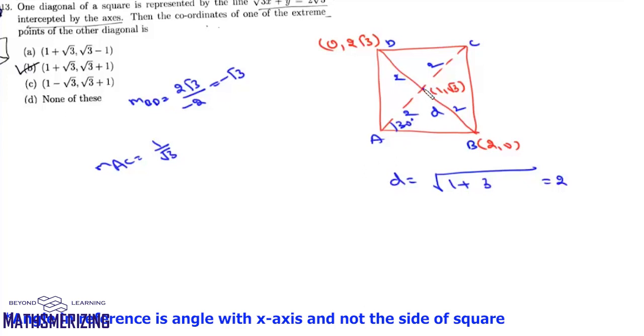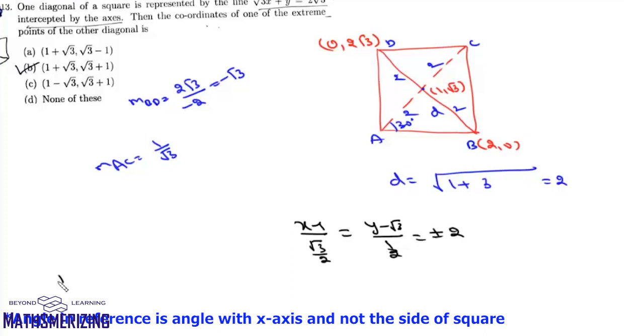Now we'll write equation of this line in parametric form. So it will be x minus 1 upon cos 30, and cos 30 is root 3 by 2, and then y minus root 3 upon 1 by 2, and L be equal to plus or minus 2.